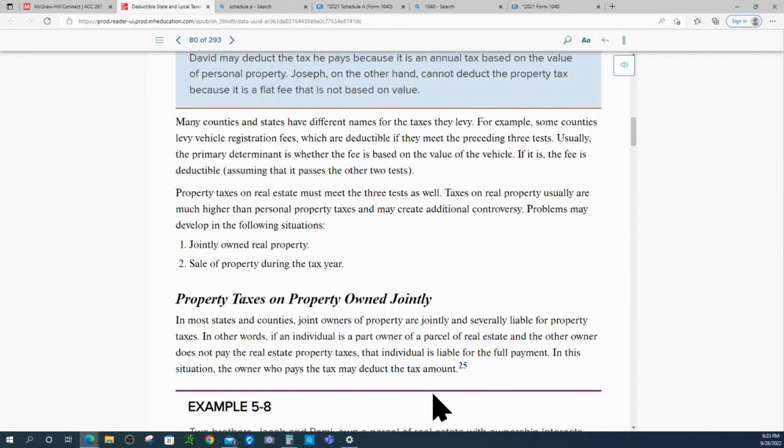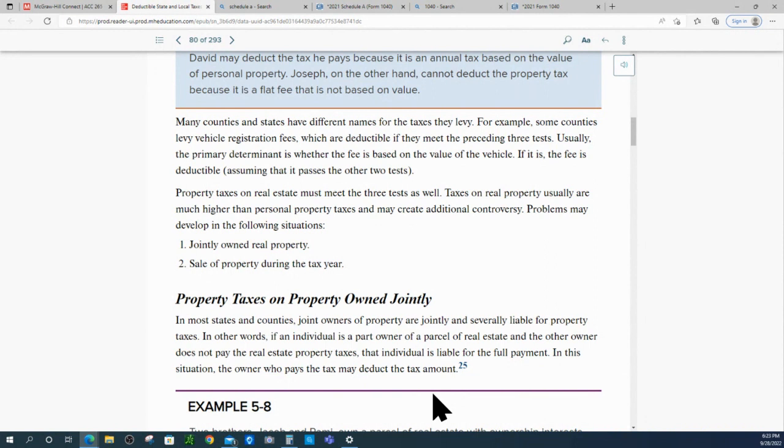If you own a piece of property with, say, your brother, if you live in a state that has what's called joint and several liability, that's joint and several, not severable, joint and several liability means that both parties are responsible for the entire amount.